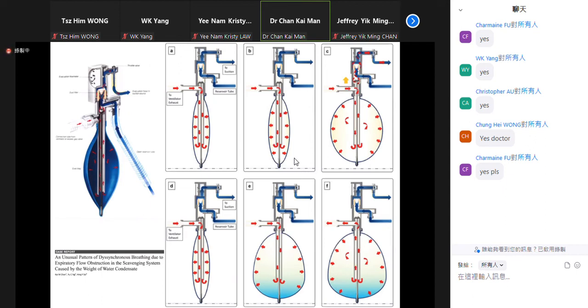So condensate tends to form, and it gradually collects in the reservoir bag. And now when condensate has collected in the bag, it causes a weight drag, and this has actually maintained the long axis of the bag.